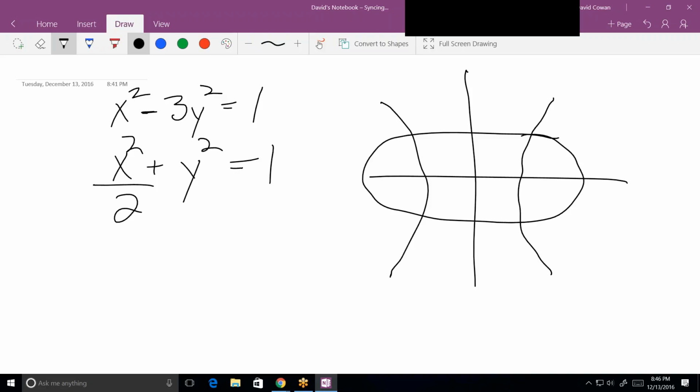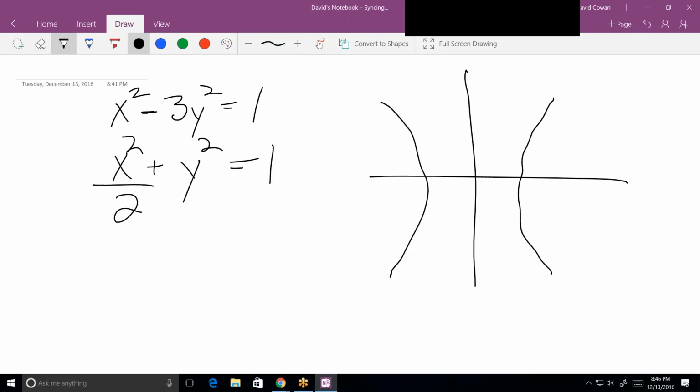There are 4 possible points of intersection. But there doesn't have to be, because my ellipse could be down here, and there would be 0 points of intersection. So graphically, there's any number.